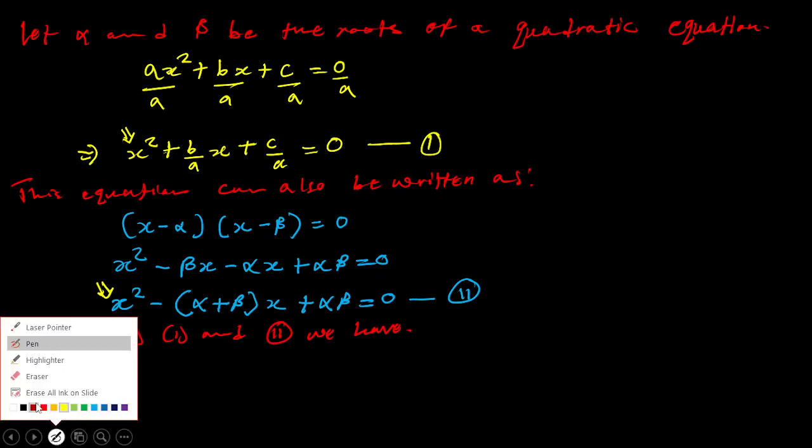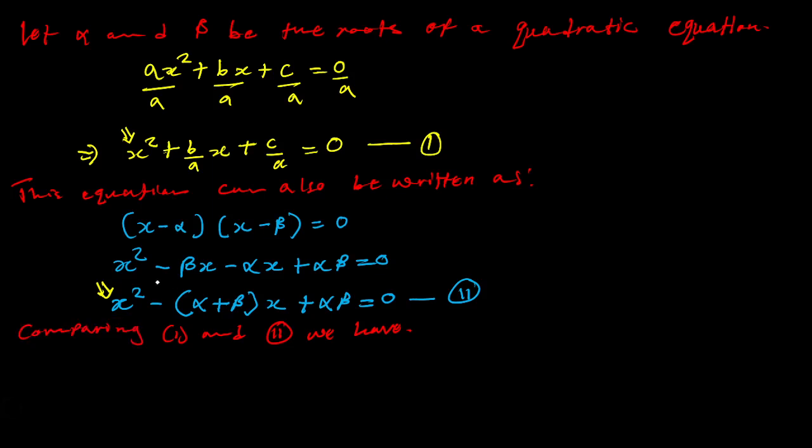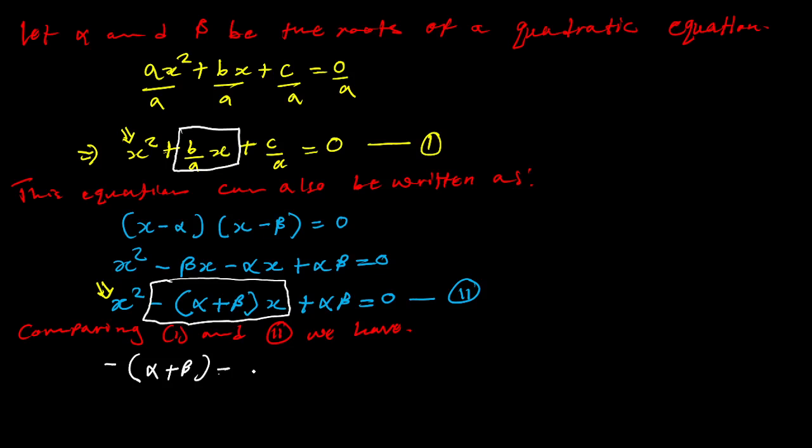But if we pick the second guy, the one in white, and we also pick this other guy, which I am also shading white, you're going to find that the x and the x are going to cancel. So we're going to have open brackets alpha plus beta is simply equal to b over a.